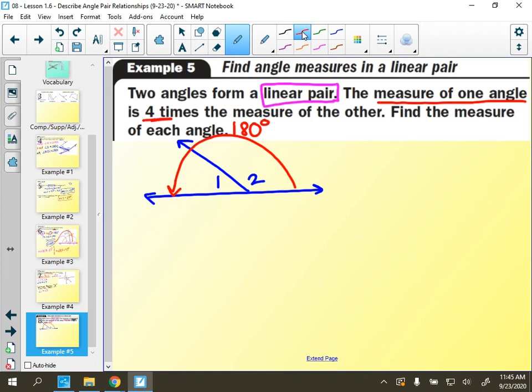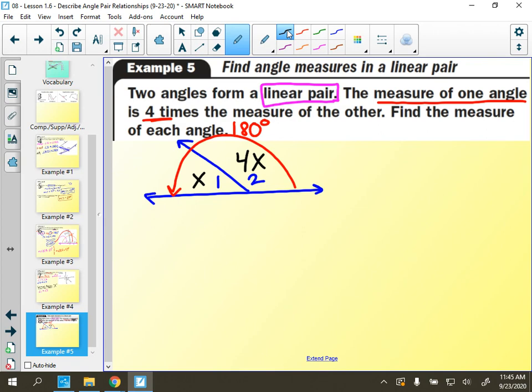I don't actually know what either one is, but I think we can help ourselves out and say, if I just happen to call this angle X, I have no idea what its value is, but if that one's X, the other angle that's forming this linear pair has to be 4 times that value. So there's algebraically how we could represent that other angle.